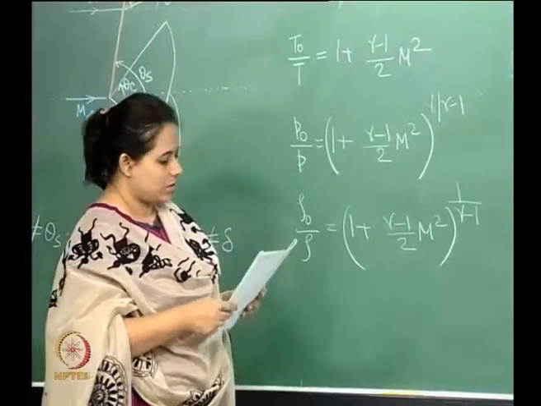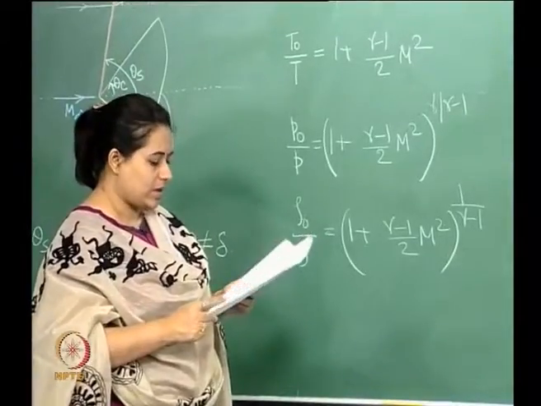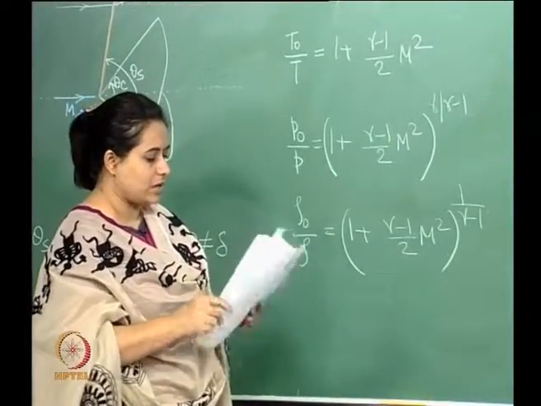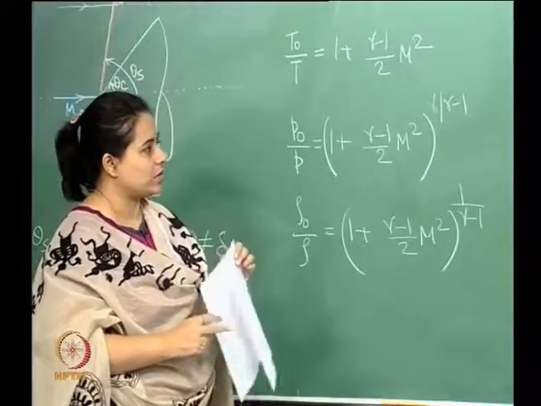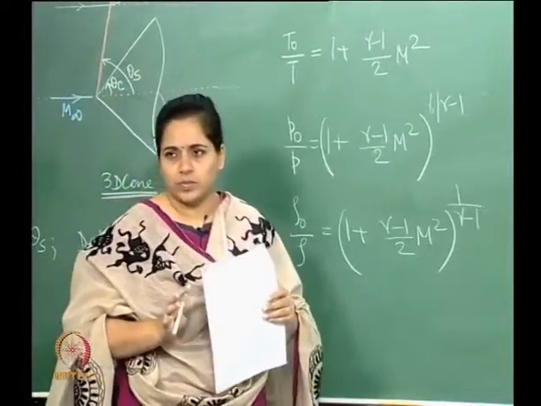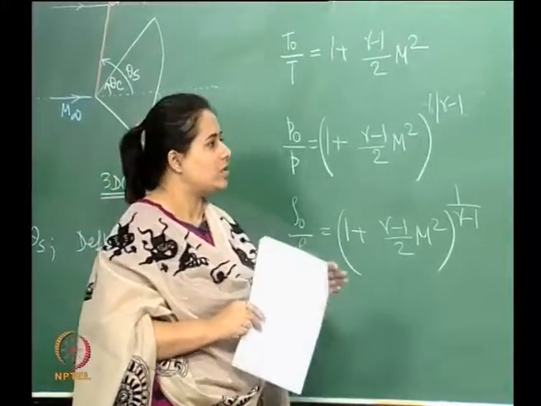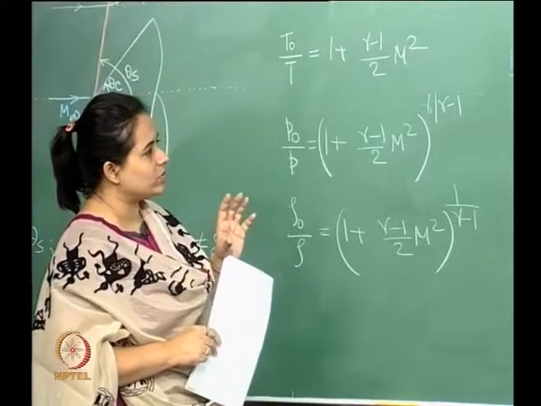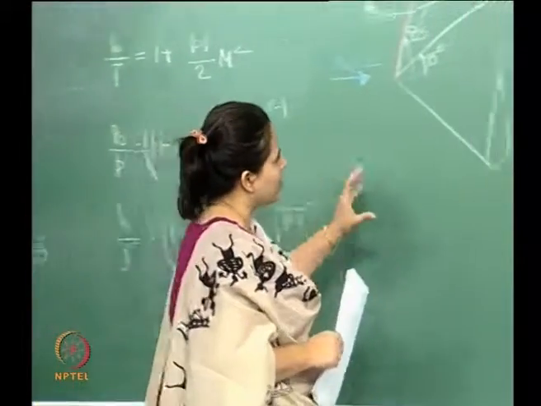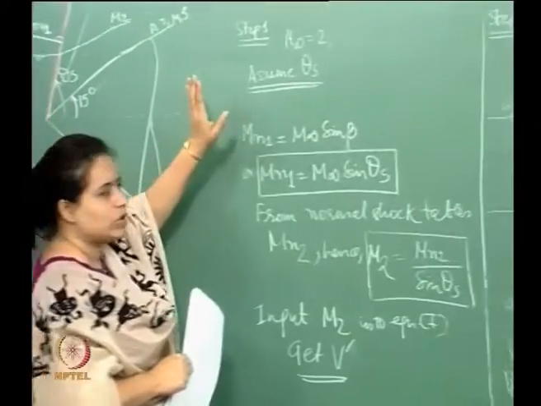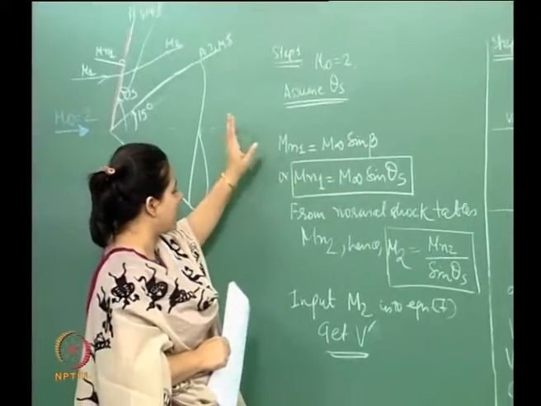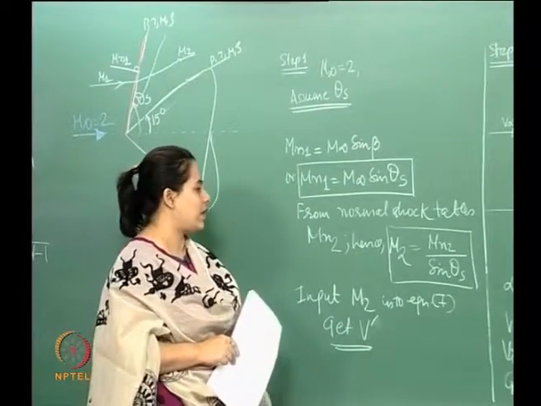That basically is the entire procedure, which I think is pretty simple. The first step is that we assume theta s, given the Mach number. So we get M2.